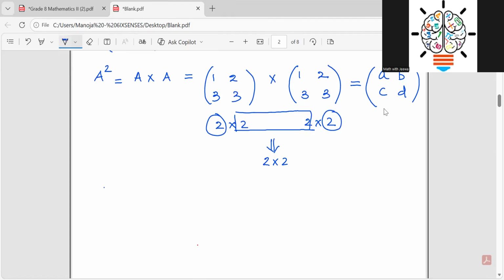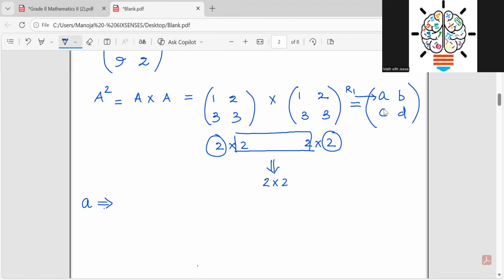Okay. Now you just see, children, what is A? First of all, tell me what is the position of A. It is row 1, and on the other hand, it is column 1, right? So row 1, column 1. What does this mean, children? You can multiply row 1 of the first matrix by column 1 of the second matrix.